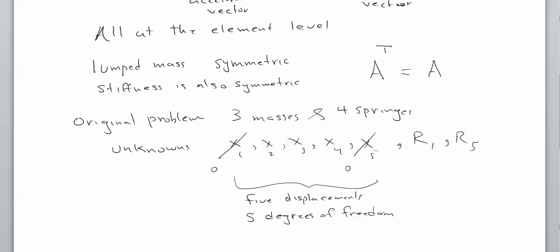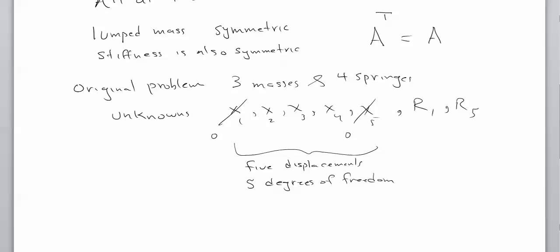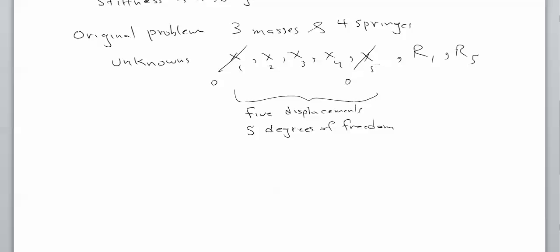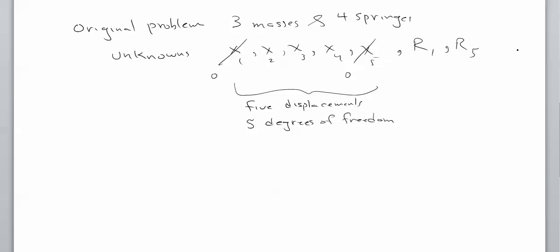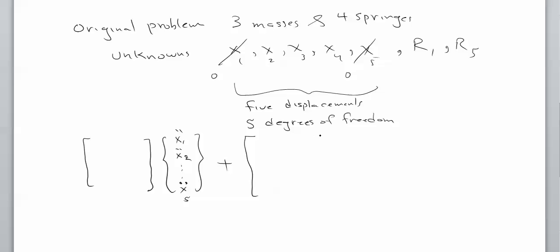So in principle, you need to say something about these 5 unknown displacements, and at the end of the day, you want to get a mass matrix involving the 5 accelerations, x1, x2, to x5, plus a stiffness matrix.